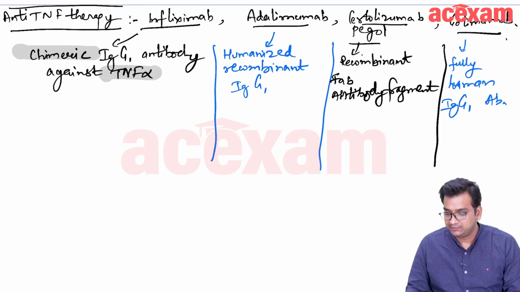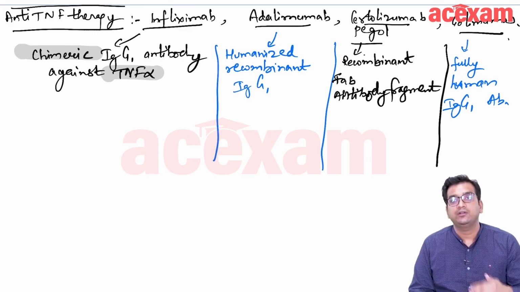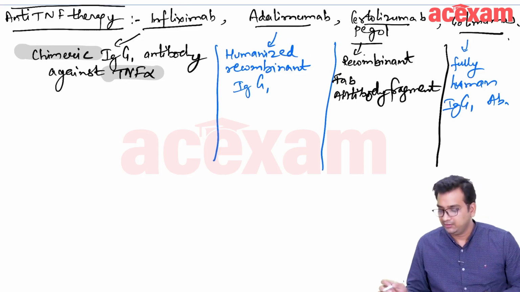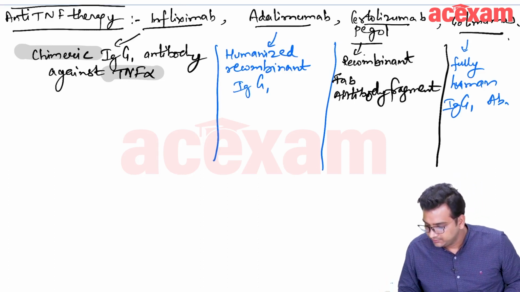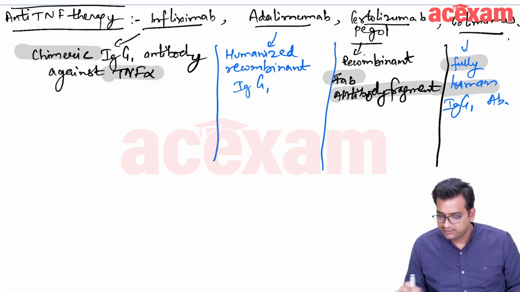So this is a question which is being repeatedly asked: which among the following is a humanized one, or which among the following is a fully human, which is chimeric, which is the fragment. All these questions I have given here. This is a recombinant antibody fragment. Certolizumab pegol, golimumab is a fully human, and adalimumab is humanized.